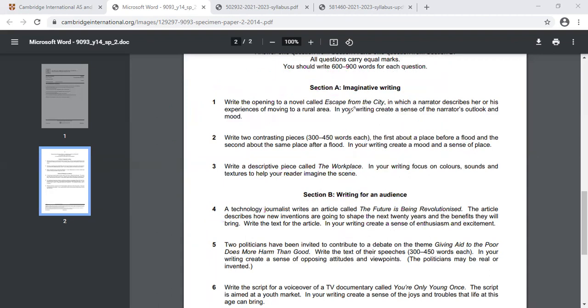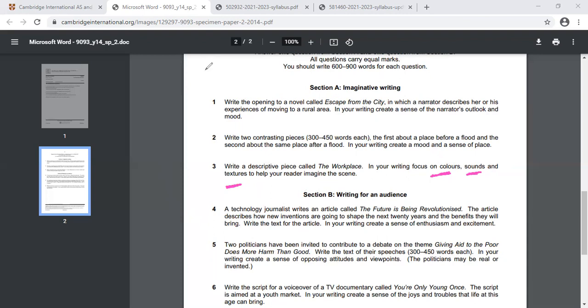regarding your examination preparation, that you attempt as many questions as possible and make a word bank on different themes or moods. For example, over here they want you to have some word bank about colors, sounds, and textures, right? So what you're going to do in the first place is think about what am I going to write on colors or sounds and textures.